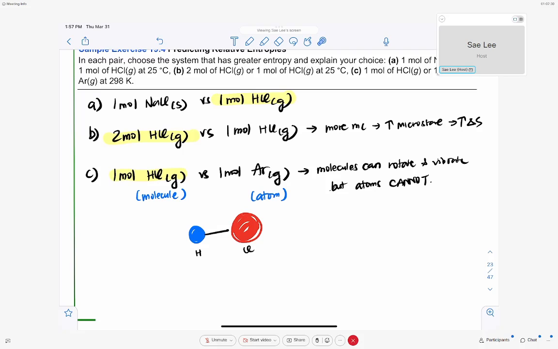Atoms can probably move from one location to another, in other words they can have translational motions, but because they don't have a bond linking 2 or 3 atoms together, they're not molecules, so rotational or vibrational motions are not quite likely to occur.